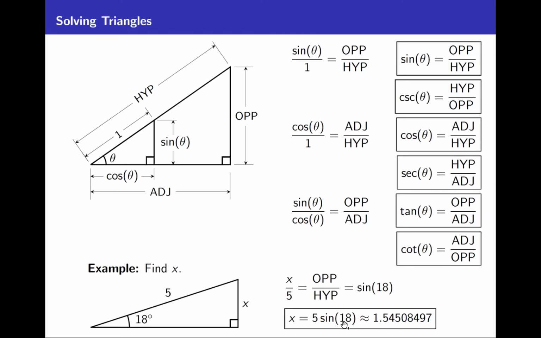You'd have to make sure that your calculator is on degree mode, and if you work that out, you'll get exactly the same answer. Of course, your answer would be wrong if it was in radian mode. You'd be calculating the sine of 18 radians, which is not the sine of 18 degrees. So be careful about your calculator mode. As long as you're doing the correct mode, you're going to get the correct answer, whether you use degrees or radians.